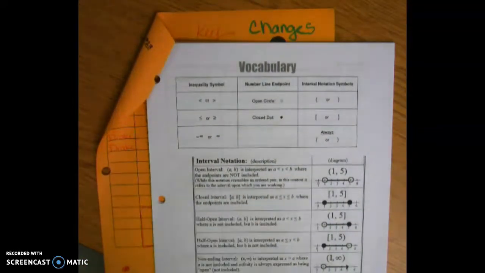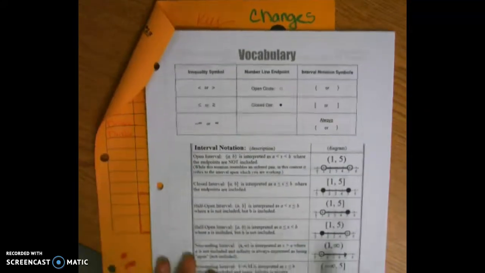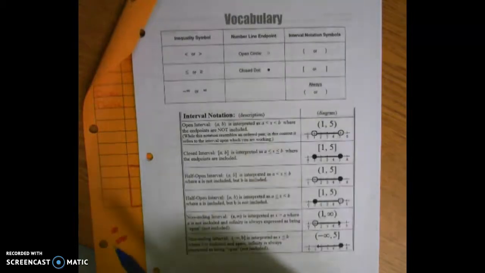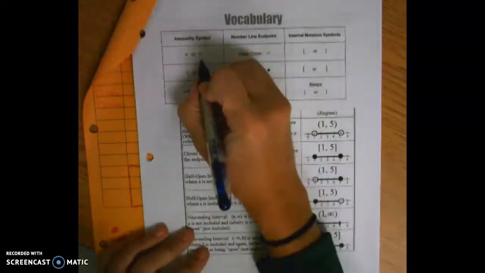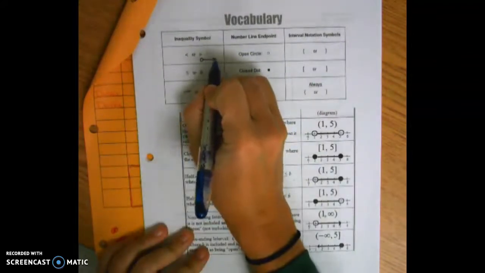Okay, so the symbols less than or greater than, when we transfer this to a number line, we're going to be using an open circle at the endpoint. So if we're using a greater than symbol, we will have an open circle, and we'll be shading that number line to the right.